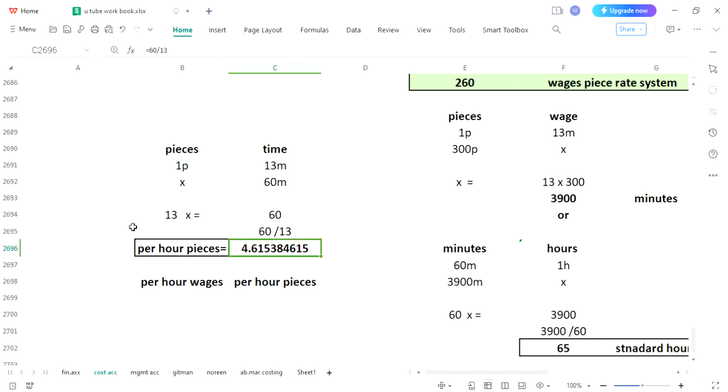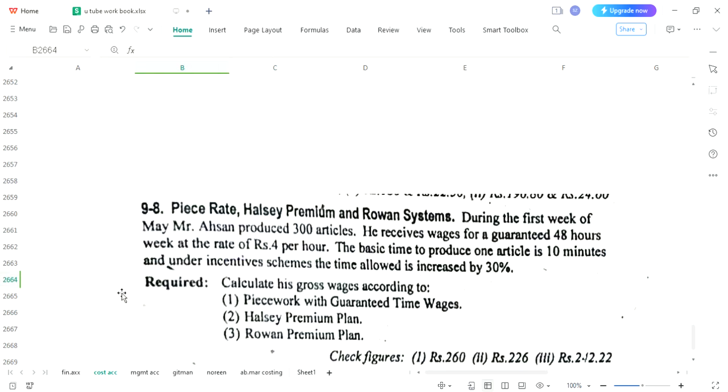You have calculated per hour pieces. How? In 13 minutes, one piece is made. In 60 minutes, how many pieces should be made? And pieces are over here. So 4.6 pieces are made. And for this, per hour wages is mentioned over here, 4 per hour.